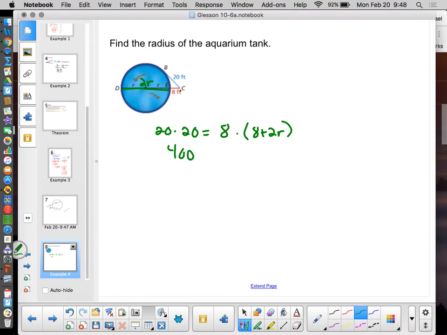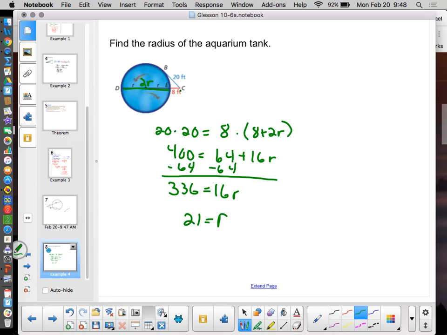So you get 400 equals 64 plus 16r. Subtract the 64. That's 336 equals 16r. So 336 divided by 16 is 21. So the radius of that aquarium tank is 21 feet.